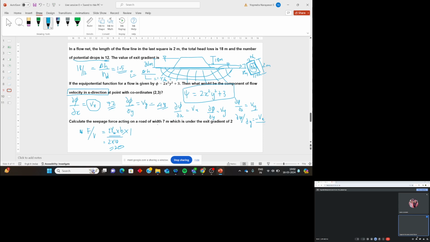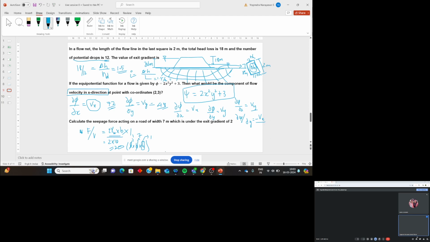Now you have volume, which is obviously length into breadth into height. If nothing is given, it always means unit length. So you have 7 here, L you can take as 1, H you can take as 1.